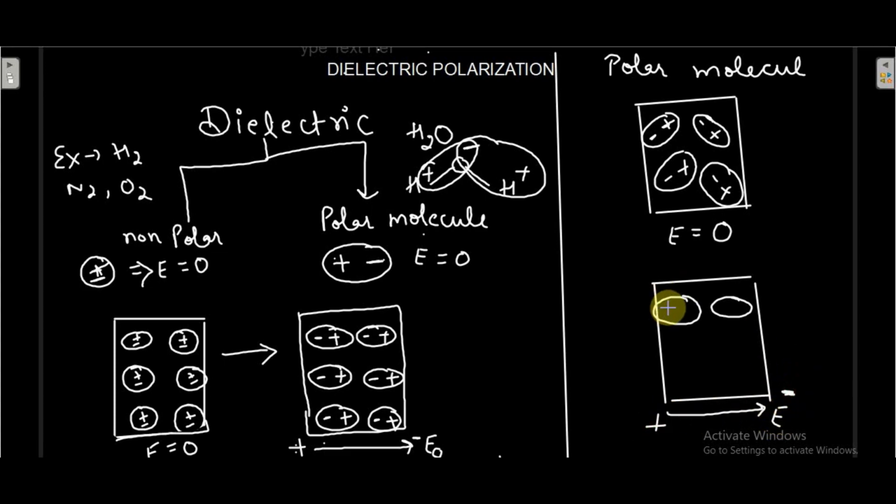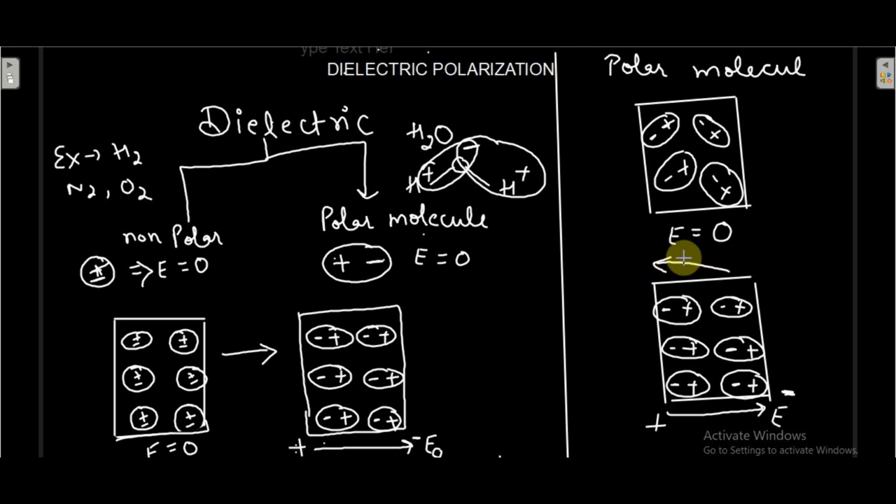In this way, negative charge is attracted by positive charge, so all the molecules arrange themselves in an ordered manner. Earlier they were randomly arranged, but when placed in the external field, they all arrange in a particular ordered manner.